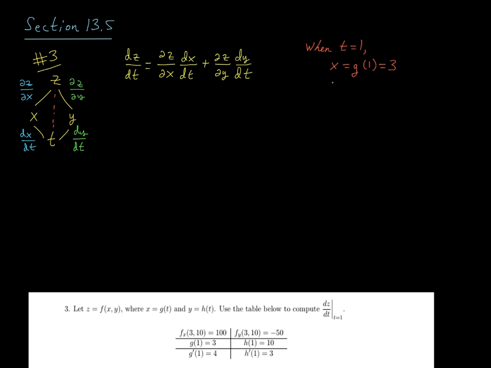And y would be h of 1, which is also given in the table. That's equal to 10. So in other words, when t is 1, in terms of our coordinates for x and y, we're located at the point (3, 10). Okay, so that's one comment to make.